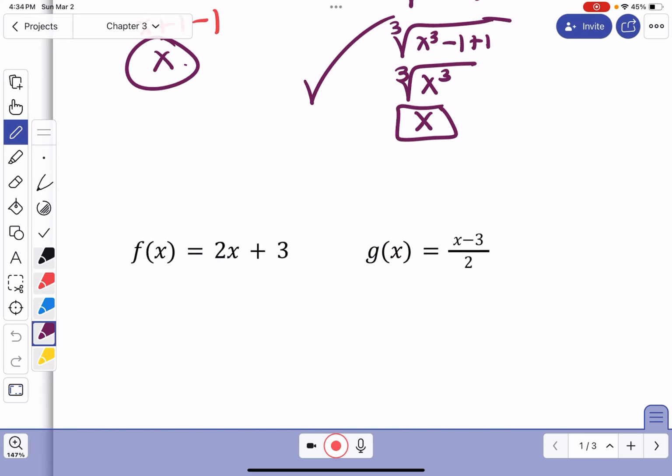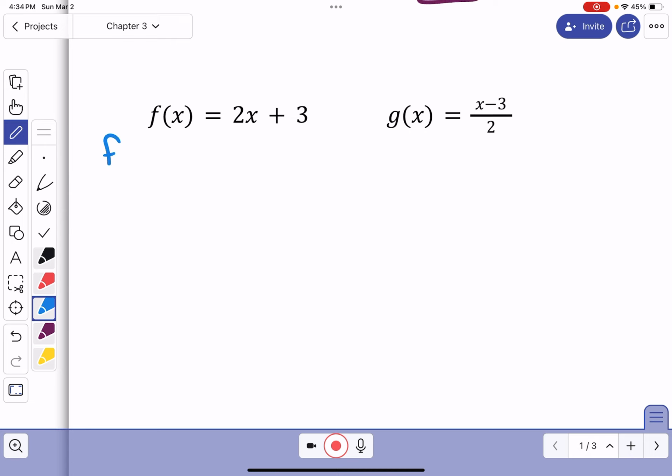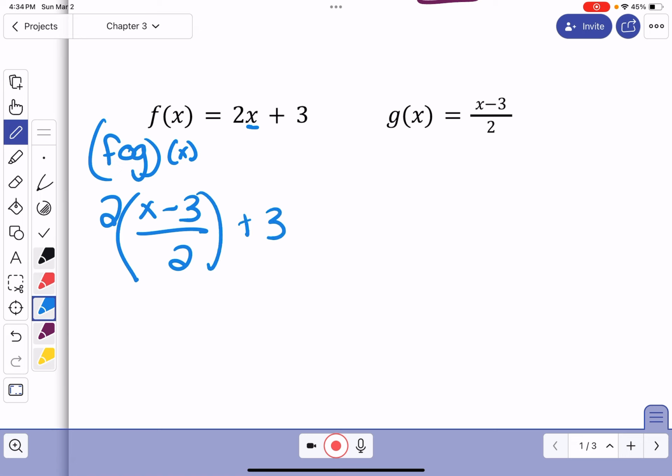Let's do another one of those, just to make sure. So if we're doing f of g, I'm going to write f, but instead of the x, I'm going to put g. And now I simplify. So those 2's are going to cancel. Negative 3 plus 3 is 0, so I get x.